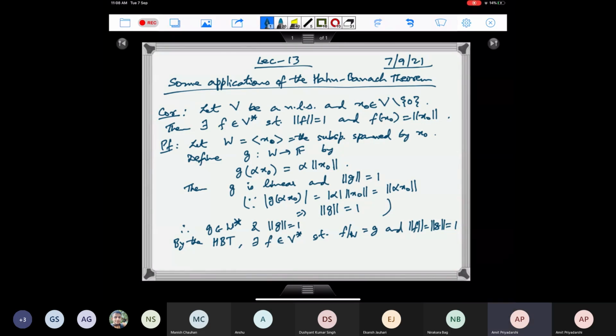So then we are done, right? We have norm of F equal to 1, and what is F of x naught? F of x naught will be equal to G of x naught, which is equal to norm x naught.